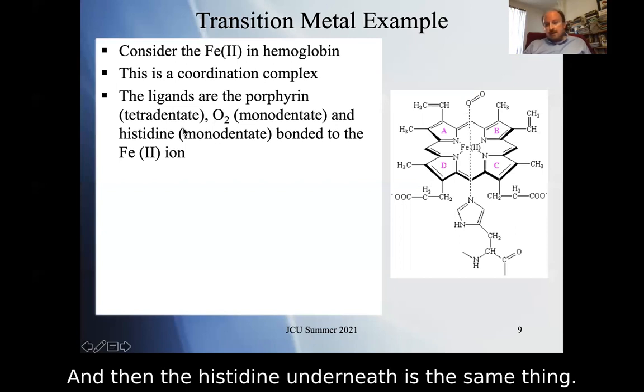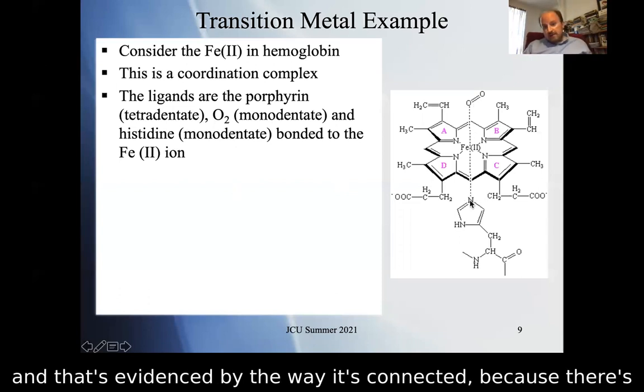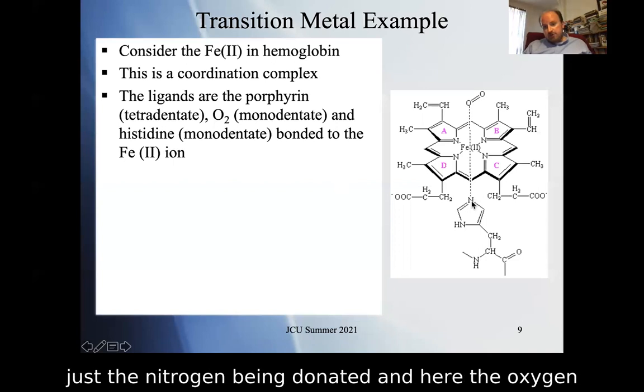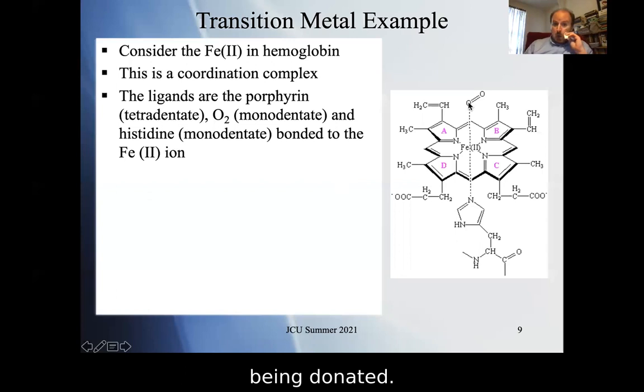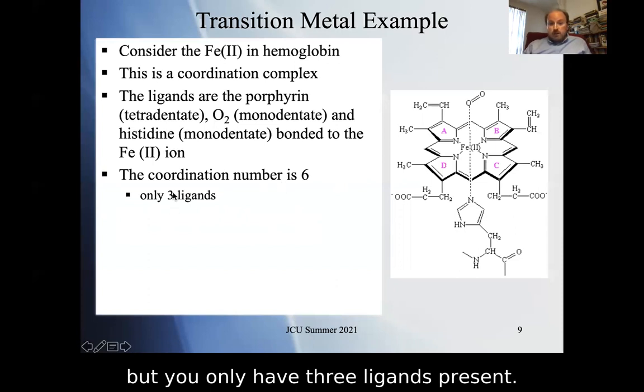The histidine underneath is the same thing. That histidine is also monodentate, evidenced by the way it's connected, with just the nitrogen being donated and here the oxygen being donated. So as I said, the coordination number is 6, but you only have 3 ligands present.